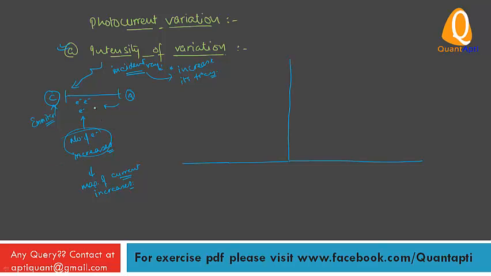Hence we can say that photoelectric current is directly proportional to the intensity of light.